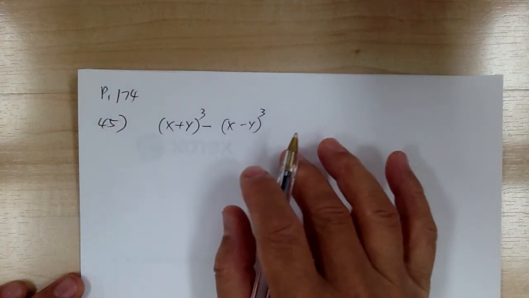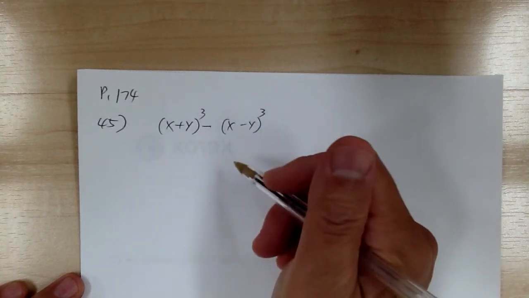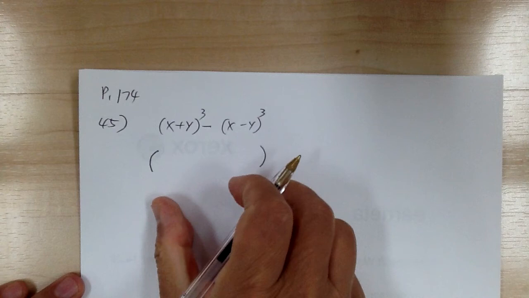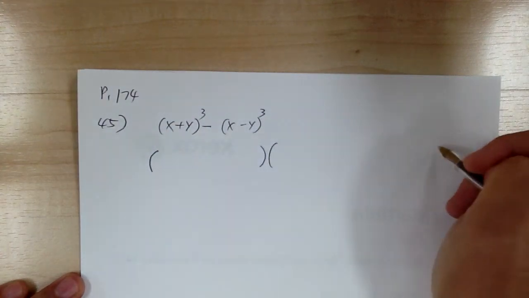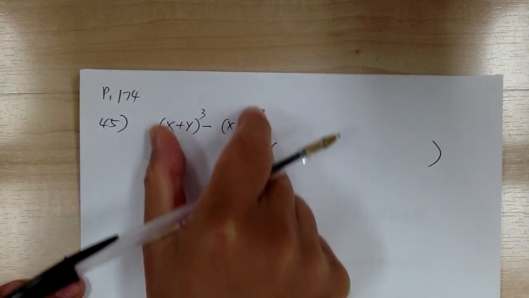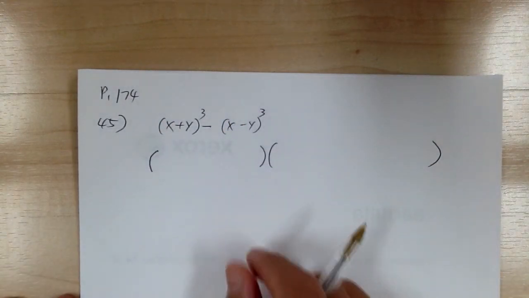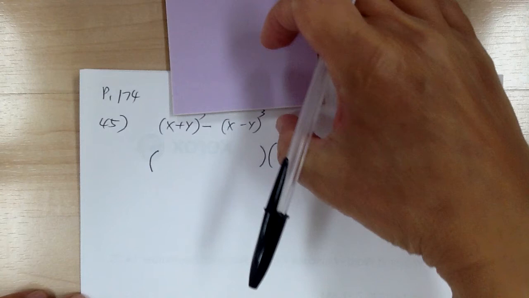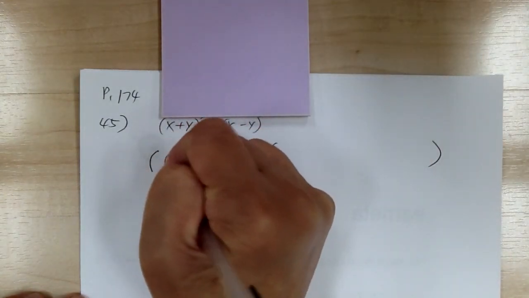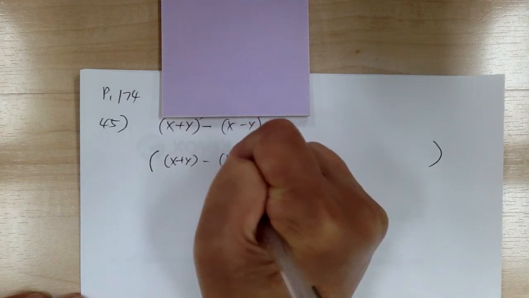Step 2, step 3. So this is step 3. That's going to get one set of parentheses that's the same size as that, and a bigger parentheses. You always get one that's the same size, lined up, and one bigger. To do this one, all you have to do is get rid of the cube. So you're going to get x plus y minus x minus y.